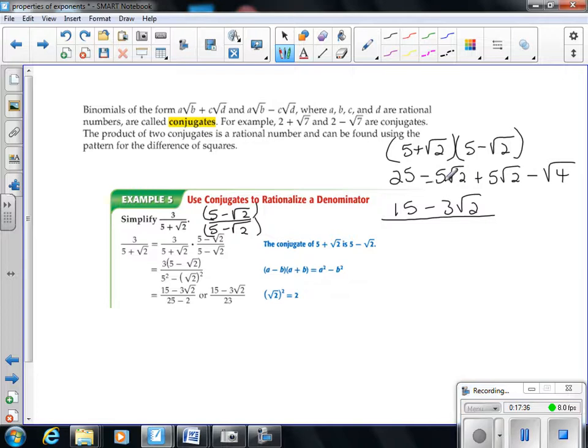So those cancel out, and we end up with 25 minus, and the square root of 4 is 2. What is 25 minus 2? It is 23. Okay, I don't think there's anything else that we can pull out or simplify here, so this is your final answer. We have just simplified by using a conjugate.